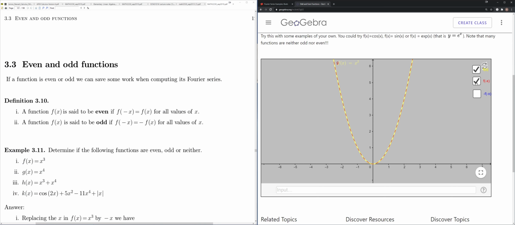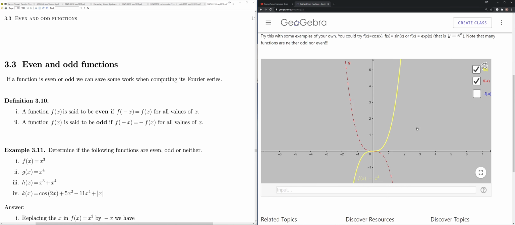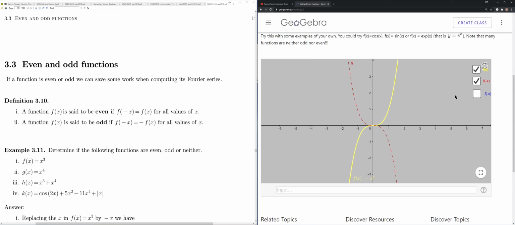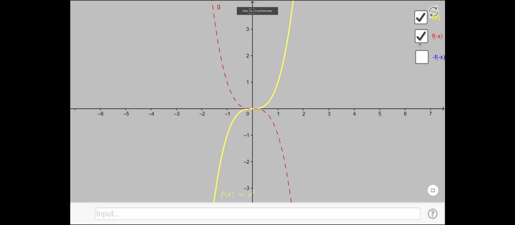So let's see an example of a function that's odd. An easy example of a function that is odd is f of x equal to x cubed. So this is my original function f of x.